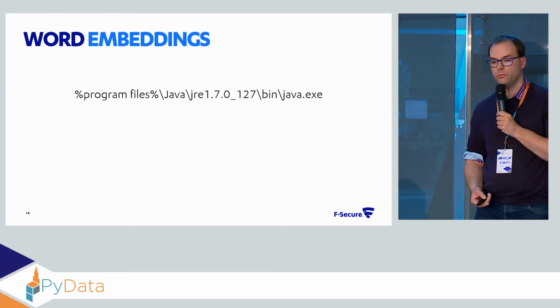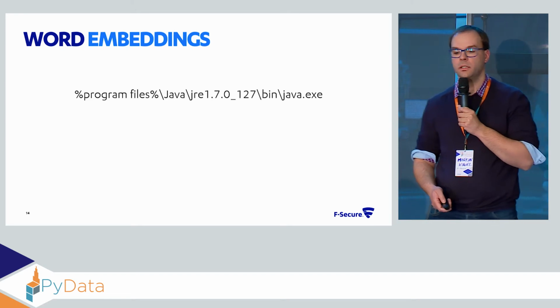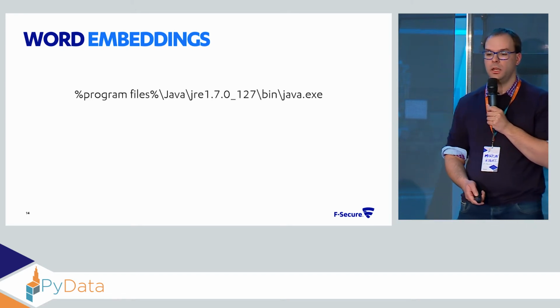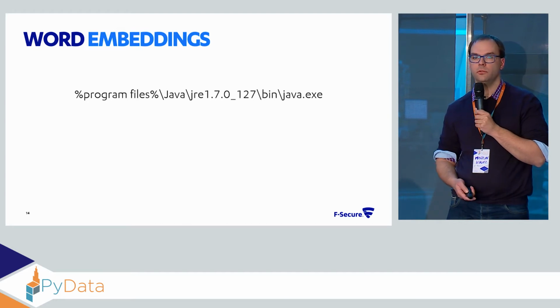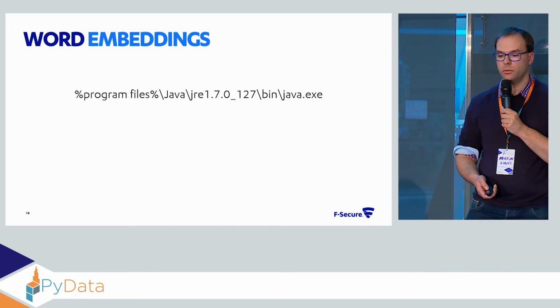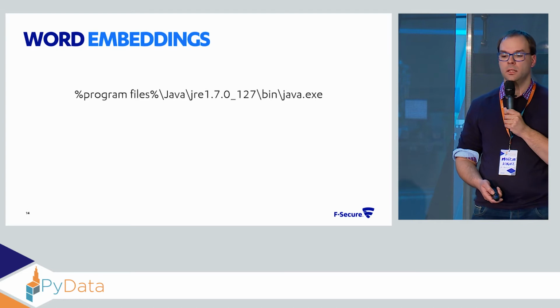So we try to use word embeddings to fight these problems, to find similarity, to encode words into vectors that have some meaning of similarity. First of all, we need to define what a word actually is in the log data.